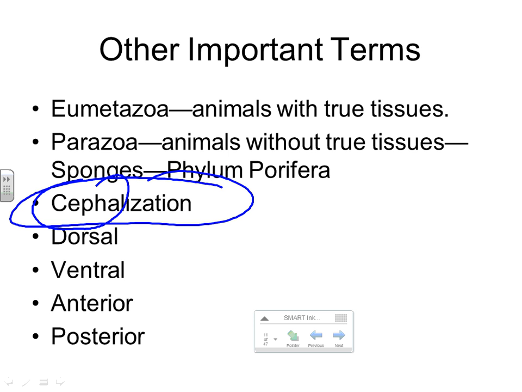What do you think cephalization might mean? It means in most animals, what's found in your head usually other than your brain? Yes. Most of your sensory organs are concentrated in your head. That's what cephalization means.